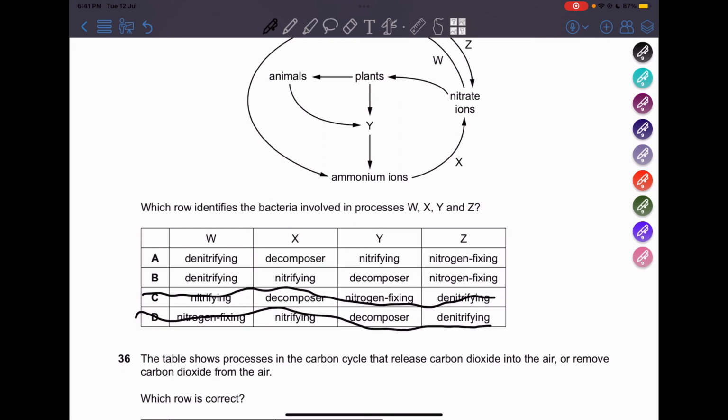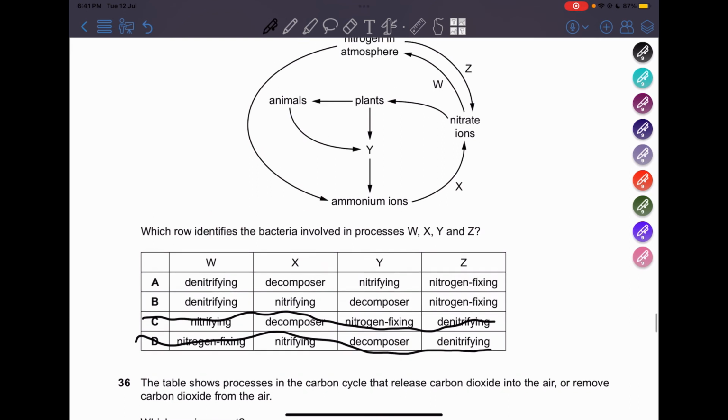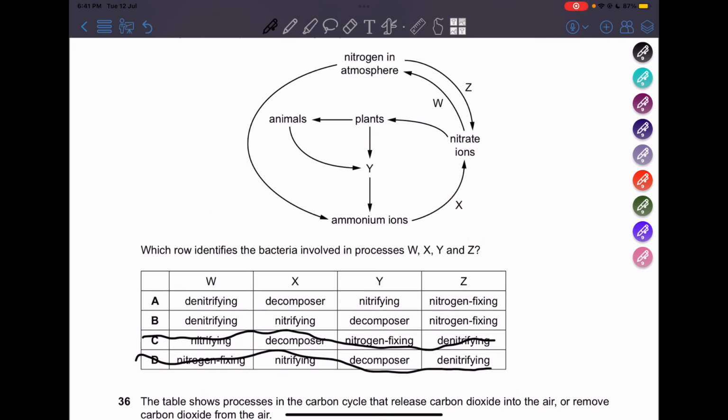So let's check. A says the X is decomposer. Now actually it's not a decomposer. This is actually the nitrifying bacteria, because the ammonium ions is converted into nitrate, which is actually the nitrifying bacteria's job, not the decomposers. So our answer is actually going to be B.